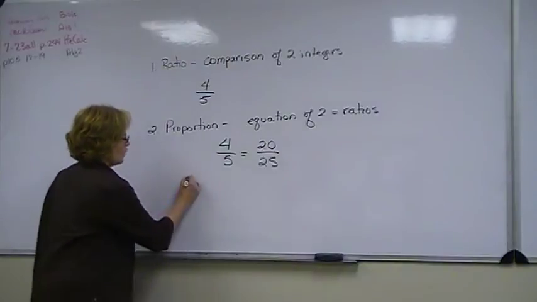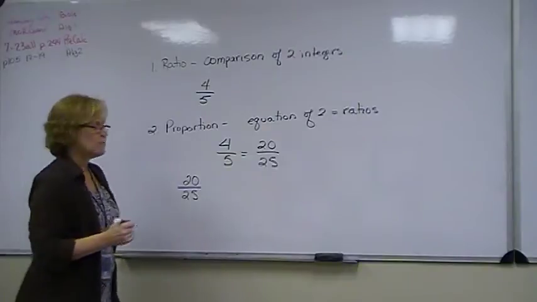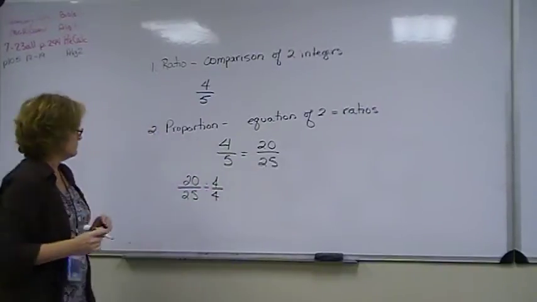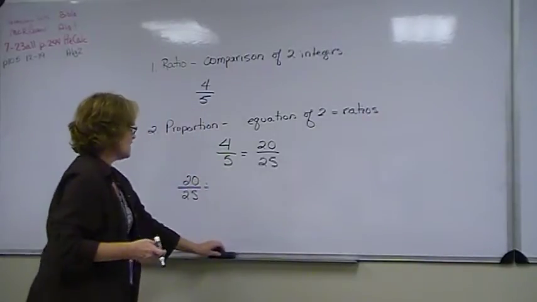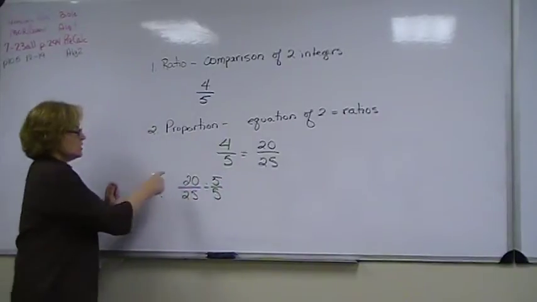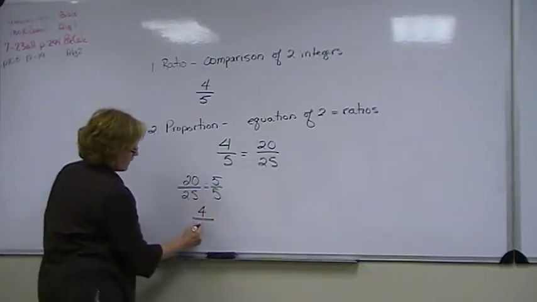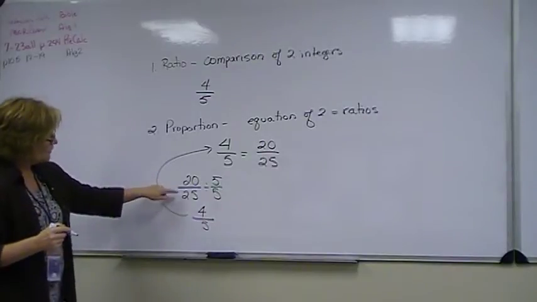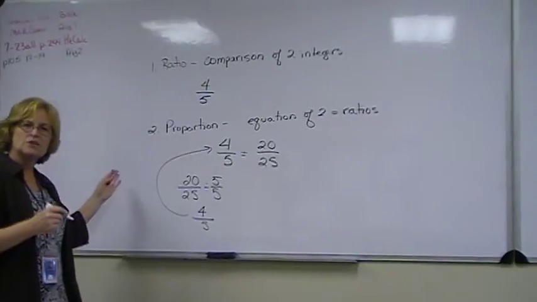In this case, if I divide top and bottom of 20 over 25 by 5, because that's a common factor, 20 divided by 5 is 4, and 25 divided by 5 is 5. So 20 over 25 reduces down to 4/5, which is the other side of the equation of that proportion.